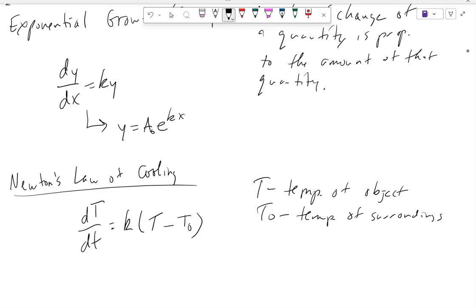Okay. We did another one where we did mixtures, right? So remember, just to remind ourselves of what a mixture problem looked like. Let's look at one of these.